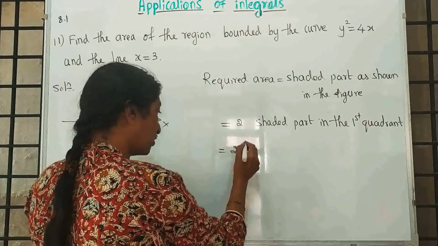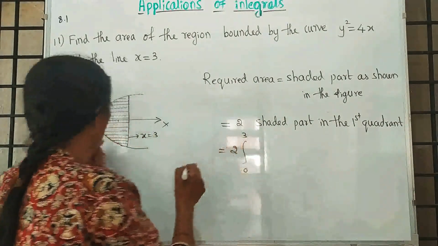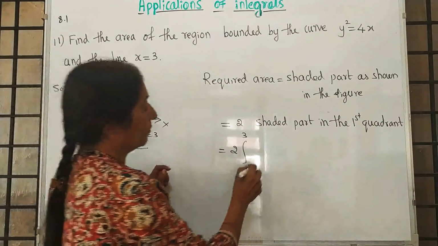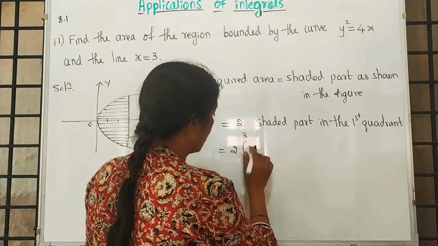That is 2 into the integral from 0 to 3, the lower end is at 0 and the upper end is at x is equal to 3, where we can draw the line, of y into dx.